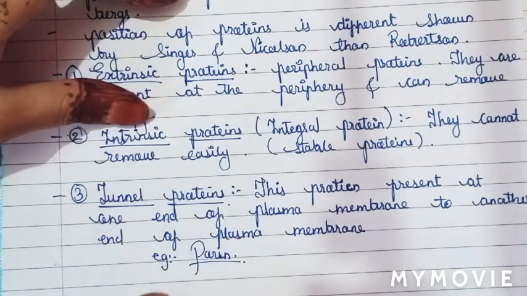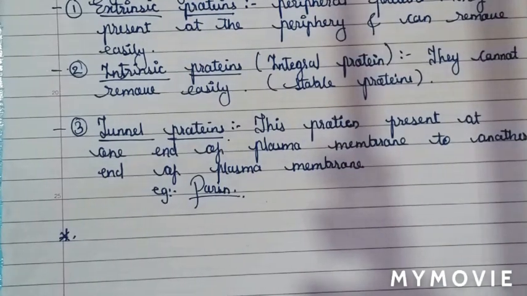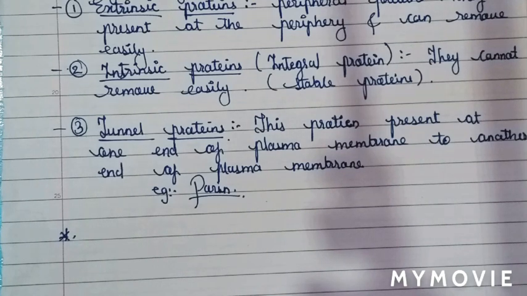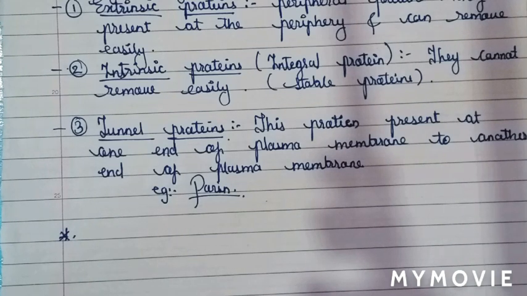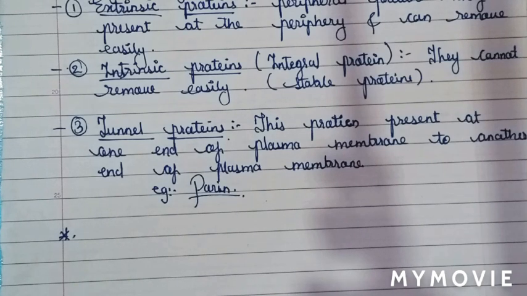Now we will see the last point, that is flip-flop movement in the plasma membrane. In the fluid mosaic model, this flip-flop movement is not allowed, because flip-flop movement means the intrinsic proteins move from one lipid layer to another lipid layer. But in the fluid mosaic model, the intrinsic protein cannot move from one lipid layer to another.